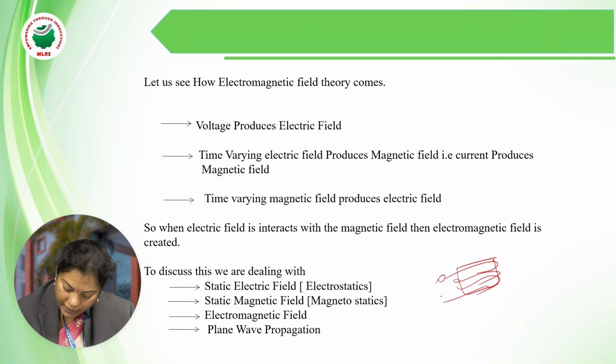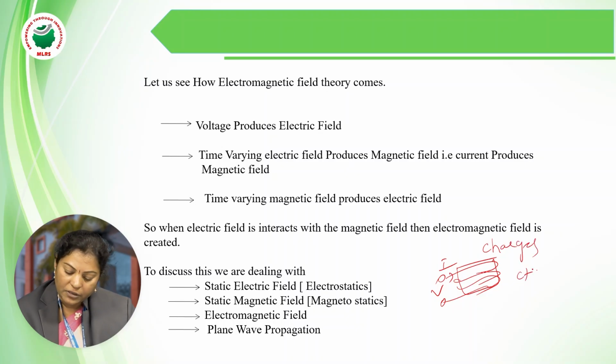Here I am giving a voltage. When we apply voltage, the current will flow. So a time varying current is flowing, meaning the current flows according to time. Charges produce a current.